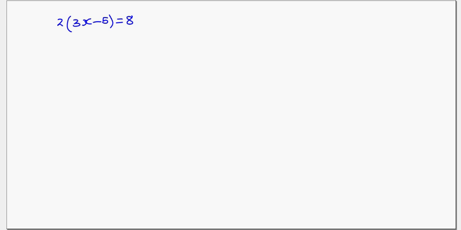In this question, you always try to deal with the thing that is furthest away from the x. If I started off with x, I would have said x multiplied by 3, then I would minus 5, and then when I worked that out, I would multiply that result by 2.